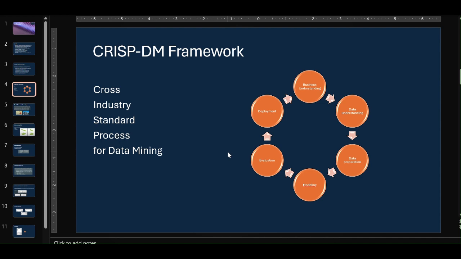It starts with understanding the business problem, understanding the project, then understanding the data that we have, preparing the data into the training data, the model data and the output data, and then modeling itself, which will be done in Excel, then evaluating the output of the models and selecting the model that we want to go forward with, and deploying it.